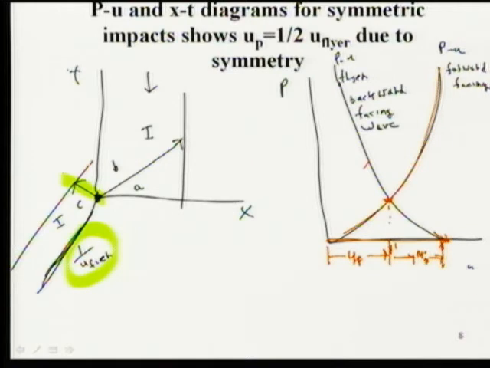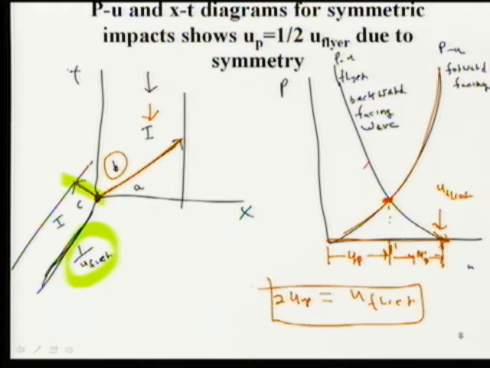This is the particle velocity in the state B, which is behind both this forward-facing shock and this backward-facing shock. So this is the particle velocity in this plate. And you can quickly see that if this point here is U flyer, then 2 UP has to equal U flyer for symmetric impact because of the symmetry of these two curves.